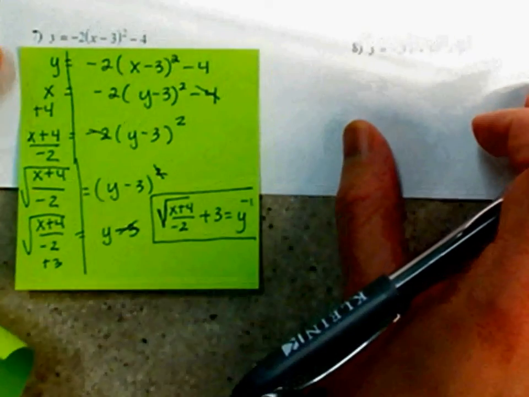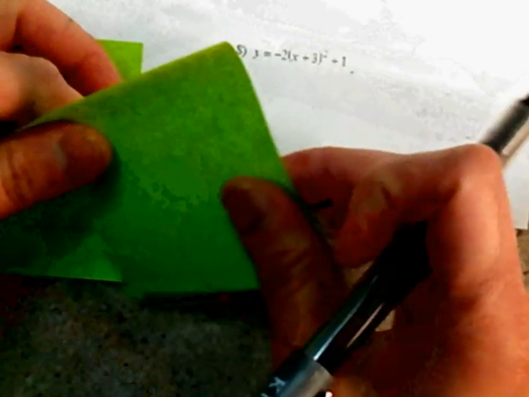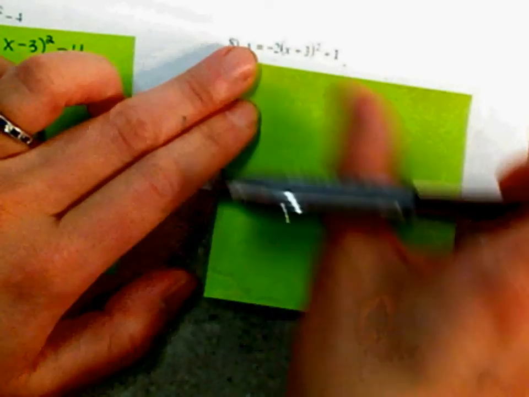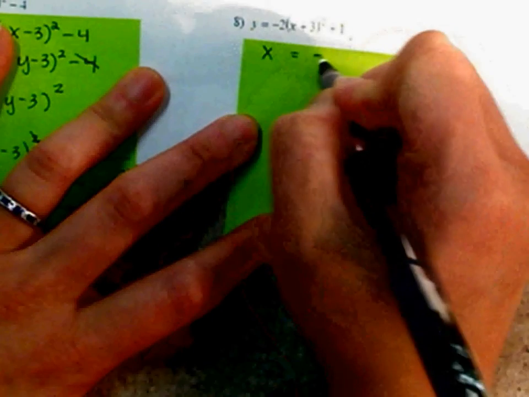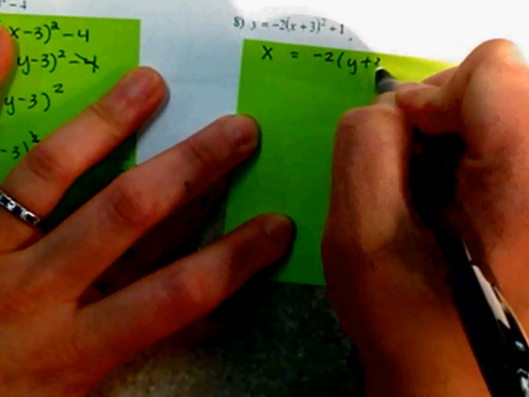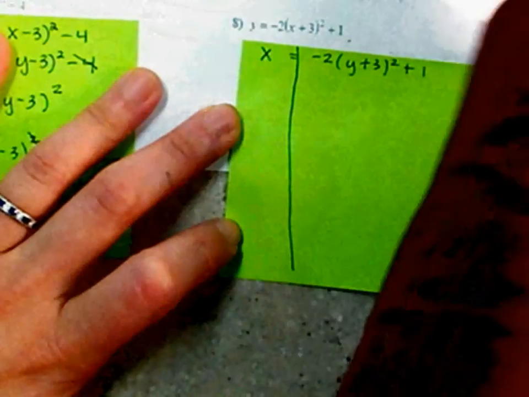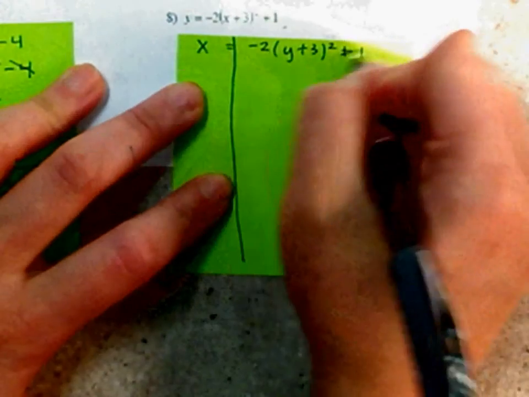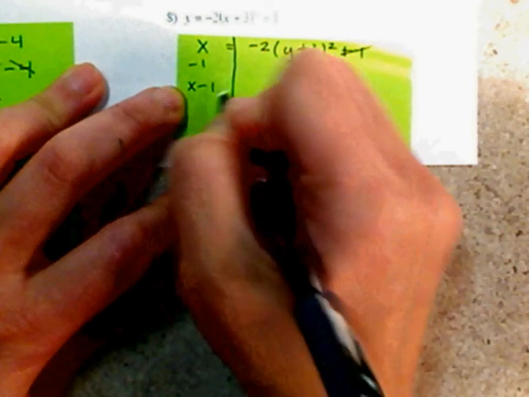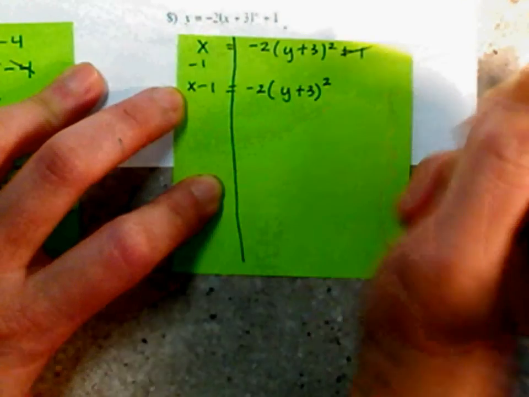All right, first step, what do we do first? Switch. So x is equal to negative 2 times y plus 3 squared plus 1. Okay? Now what? Minus 1. So x minus 1 equals negative 2 times y plus 3 squared. Okay? Now what?